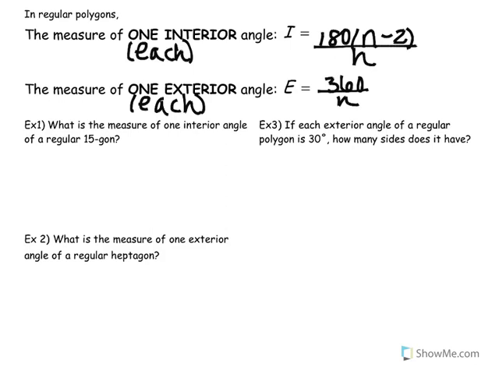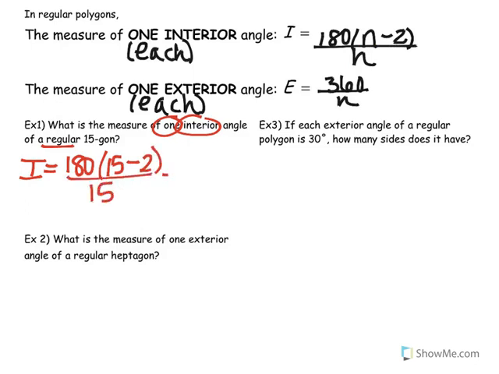All right, so looking at example 1, it says, what is the measure of one interior angle of a regular 15-gon? So let's circle those keywords, one and interior. And it's important to recognize that we're in a regular 15-gon, because that means I can use the formula for one interior, which is I. So I equals 180. Now, what am I going to plug in for n here? N is the number of sides, so I'm going to plug in 15. 15 minus 2 divided by 15.